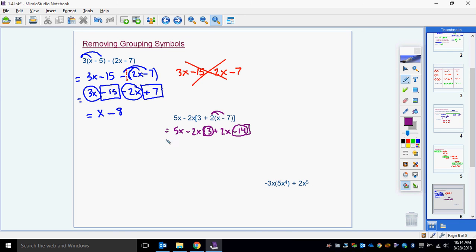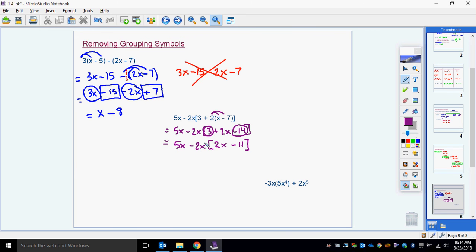Those aren't like terms. So drop down everything else. My 2x and 3 take away 14 would give me negative 11. Okay, so I can't combine anymore in my brackets, a 2x minus 11.